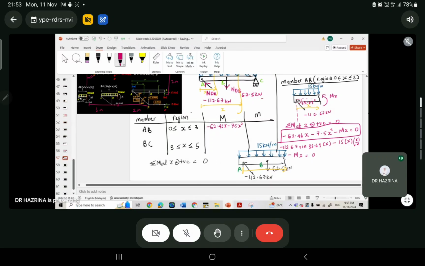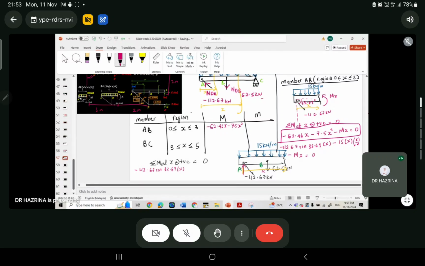So you guys, you have the similar equation almost, where kalau kat sini you akan dapat negatif 112.67 sin 33.69, you tetap akan darab dengan X. Okay, because here you resolve, you akan darab dengan X. This is your X. And then what else you have?